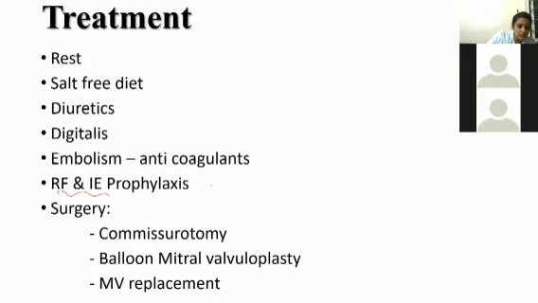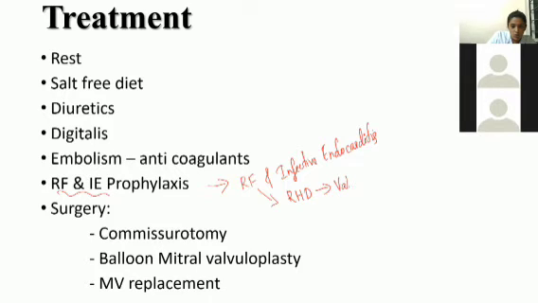What are these conditions? Rheumatic fever and infective endocarditis. So rheumatic fever will cause rheumatic heart disease, which is causing mostly valvular diseases.